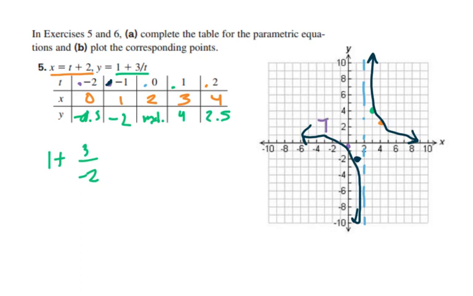So t of negative 2 is the purple dot, t is negative 1 at the black dot, t is 0 at no dots, t is 1 and t is 2. So, kind of weird when you graph because you have to graph 3-dimensionally on 2 dimensions.